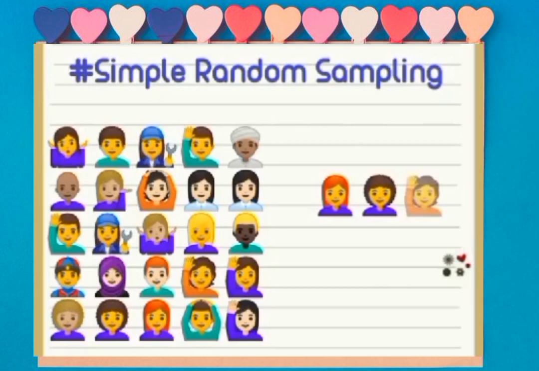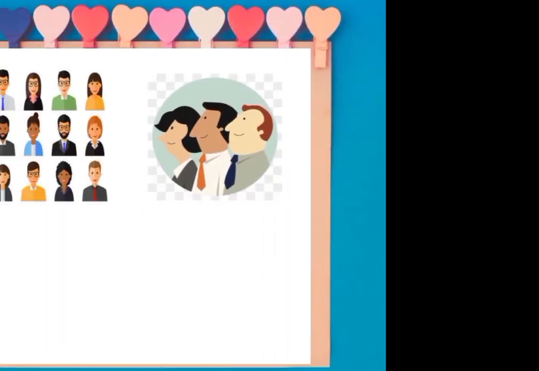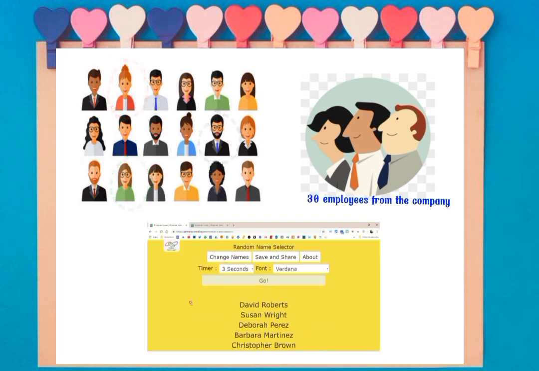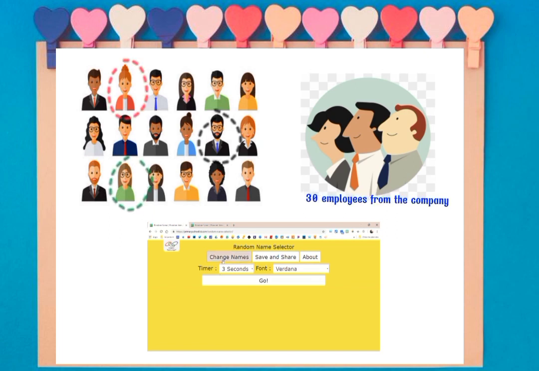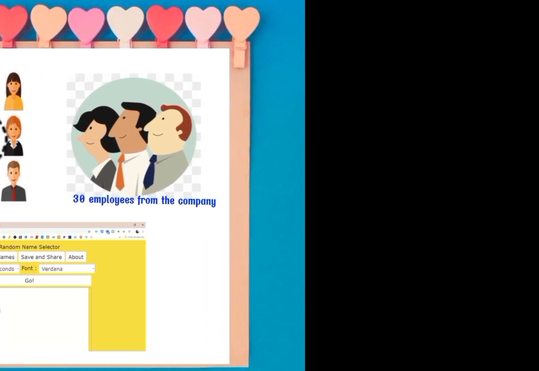You can oftentimes use tools like random number generators or other techniques. An example of a simple random sample would be the names of 30 employees being chosen out of a hat from a company of 300 employees. You assign a number to every employee in the company database from 1 to 300 and use a random number generator to select 30.